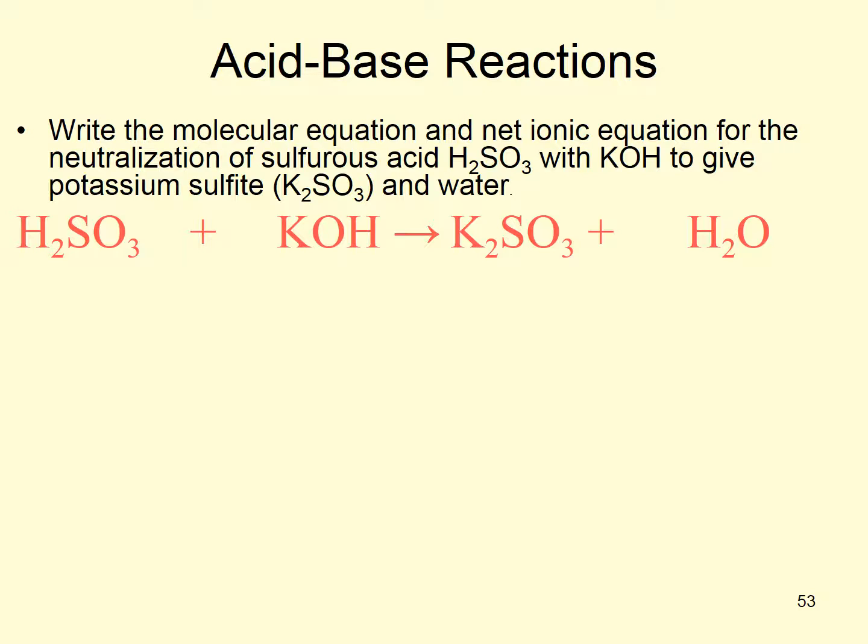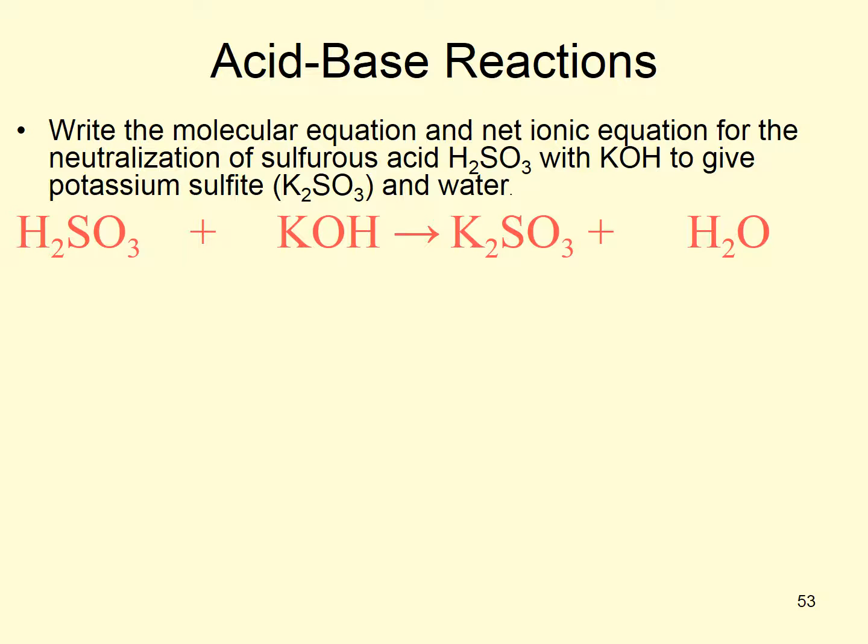So the K goes with the SO3. Since SO3 is a -2, we need 2K, so K2SO3. Notice that K is only 1 with the OH because OH is a -1, but there's 2 Ks with the SO3 because SO3 is a -2. Then we put the 1 H from H2SO3 over with the hydroxide, and we get the water.